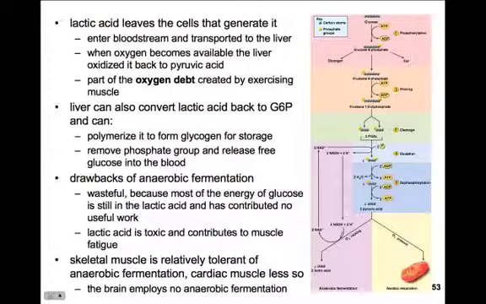The liver can also convert lactic acid back to G6P. That's the phosphorylated version that can't leave the cell. And then it can polymerize it to form glycogen, which is our storage form of glucose. It could also remove the phosphate group and release the free glucose into the blood to add to blood sugar.